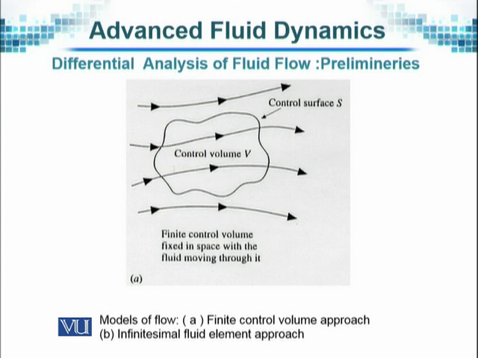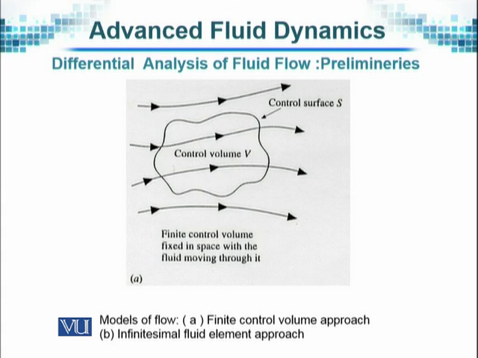And this was also discussed when we were talking about the kinematics of the fluid, in which I discussed the Eulerian model of fluid flow and the Lagrangian model of fluid flow. In one, the observer moves with the fluid, and in the other one, the observer is fixed at a point and just looks at the motion.